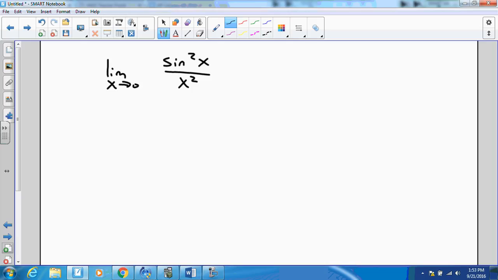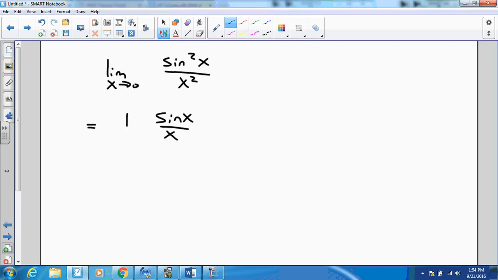See what you can do with this. Good job. Tell me what to write. Sine x over x, limit, squared.